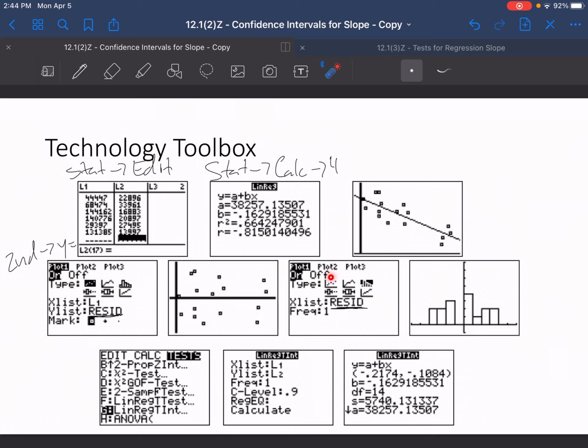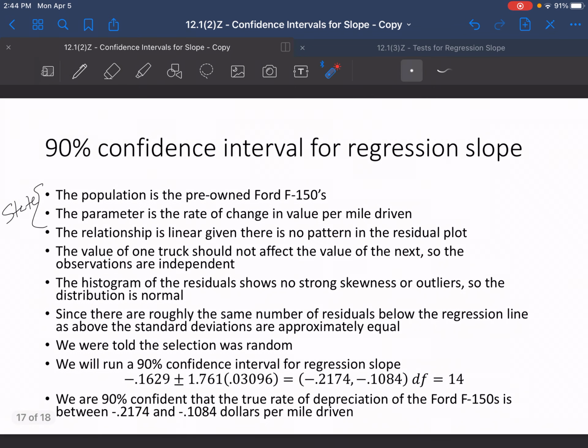Again, it's second y equals, and we would make sure that we select the histogram right here and make sure that our X list is represented by our residuals, and plot our histogram, and you'll notice that it really kind of makes a normal curve, so we should be fine there.